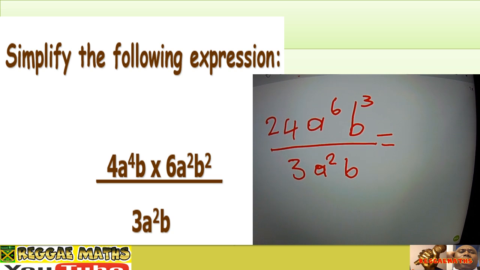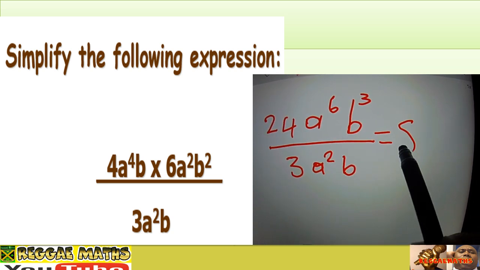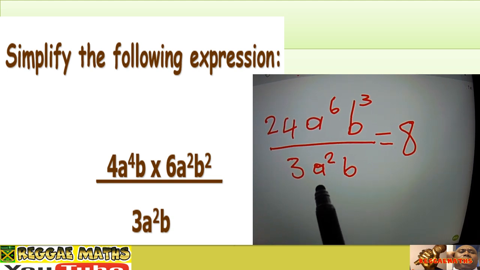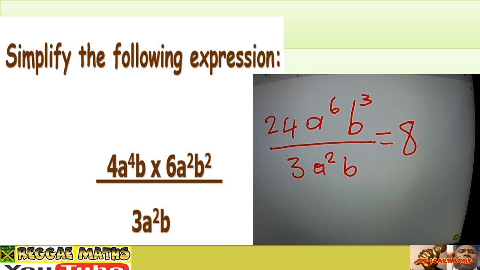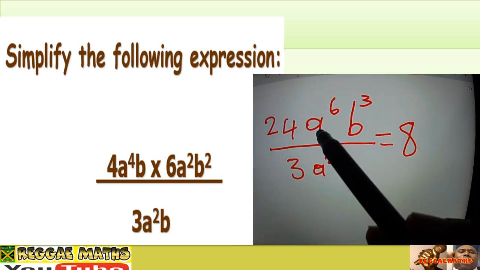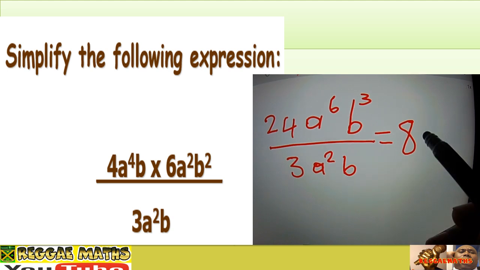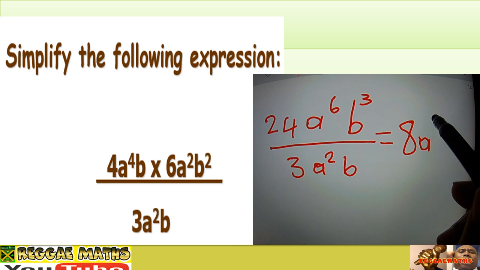You can see here 3 into 24 goes 8. So that's great. And then when we're dividing, we do the opposite. So dividing, we're taking away the powers. So a squared into a to the power 6. So that's 2 from 6. That's a to the power of 4.